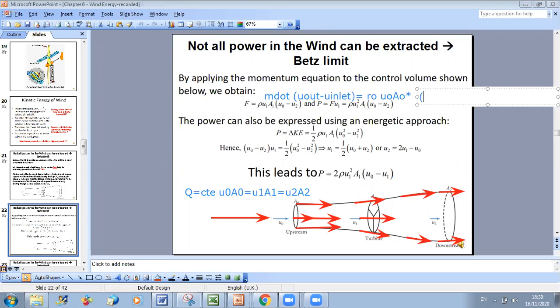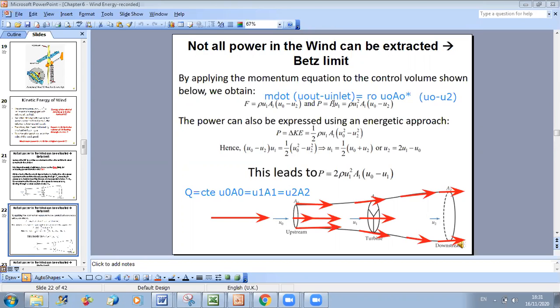So it's times u0 minus u2. This will give us the expression of the force. And when we multiply the force by u1, we will get the power. So the power is F times u1, which equals rho u1 squared times A1 times u0 minus u2.